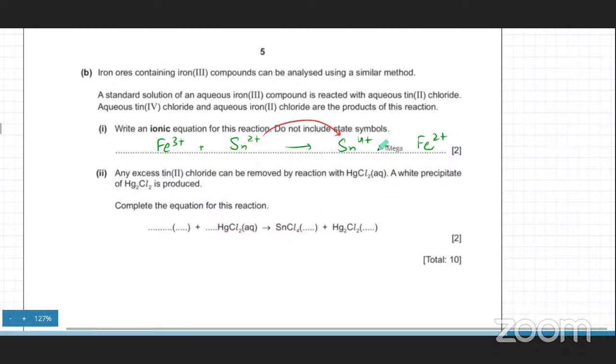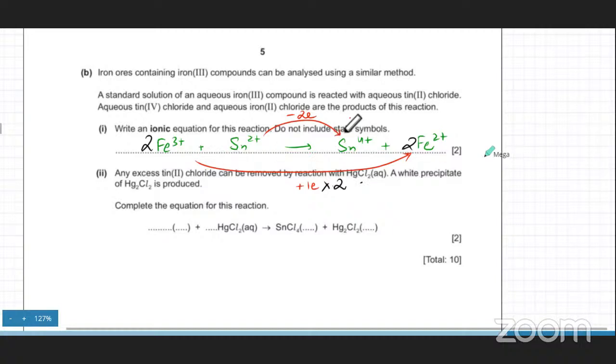That means it lost 2 electrons. And on the other hand, you have Fe3+ turning into Fe2+, and that means it gained 1 electron, which means that the Fe's need to be multiplied by 2. And then the number of electrons gained and lost would become equal. So now the equation is balanced. Okay, always check for this.